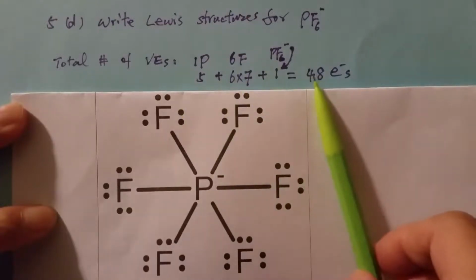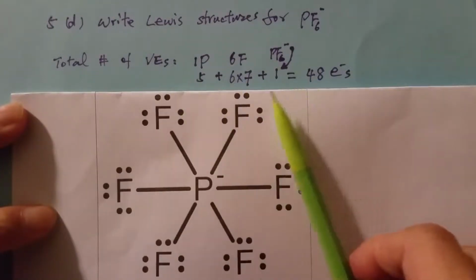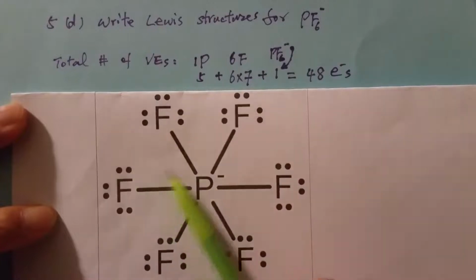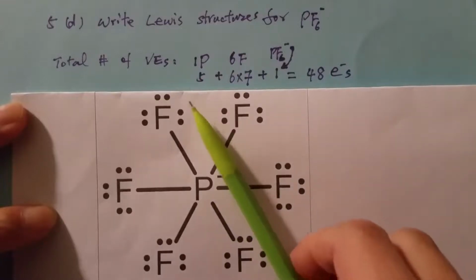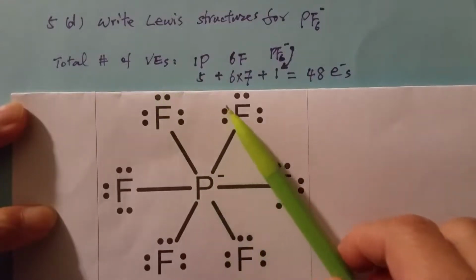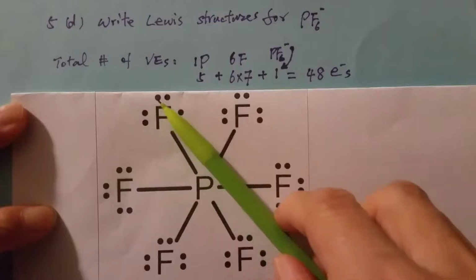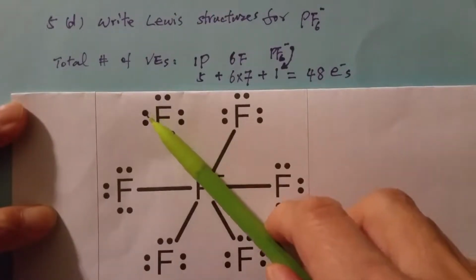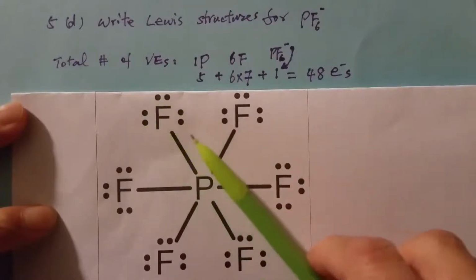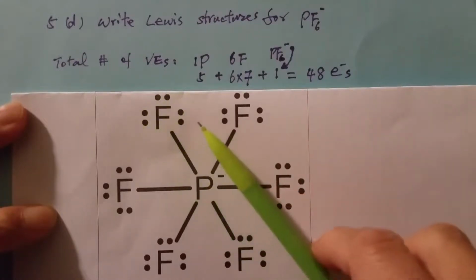And when you assign those 48 electrons, of course, each bond already takes 2 electrons. Then the additional ones you assign to each of the fluorine atoms, with a total of 8 surrounding each fluorine.